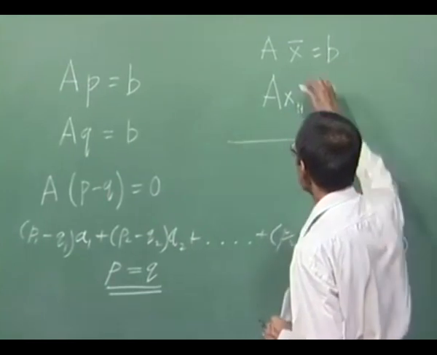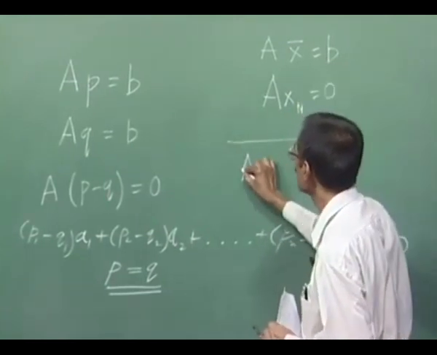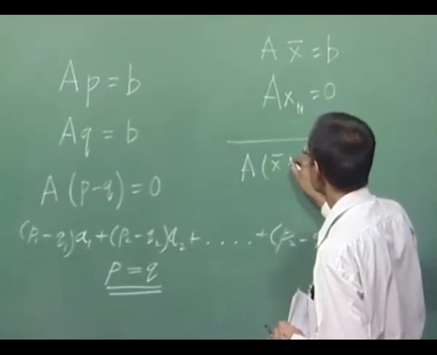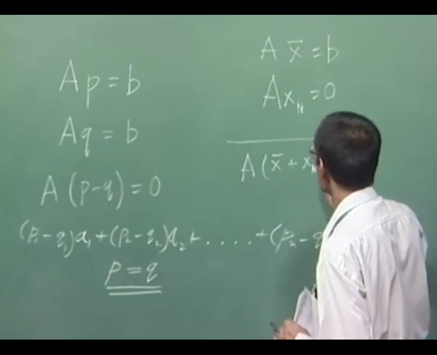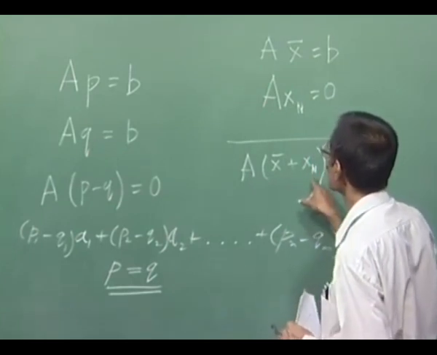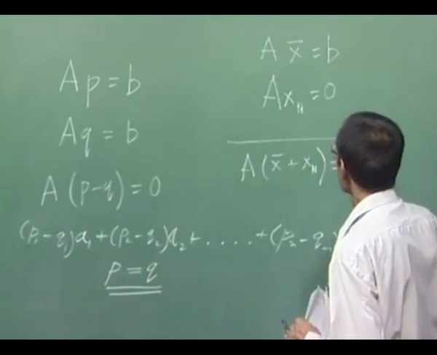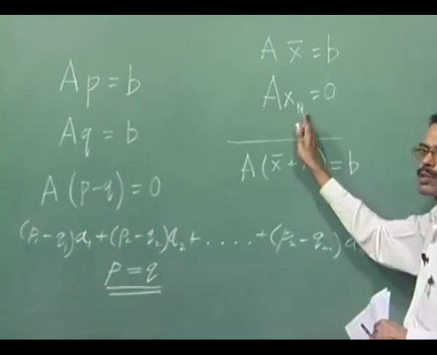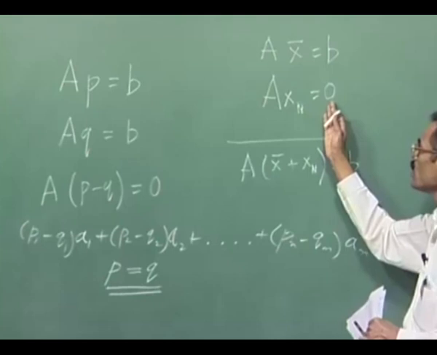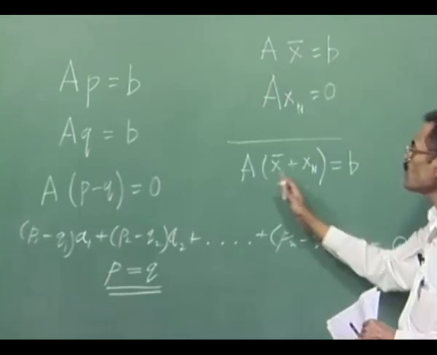Now, if we add these two, then we find that this also turns out to be a solution. On this side we have added these two, on this side this will be B, because A x n will contribute nothing, that is 0 only, and A x bar contribution will remain.